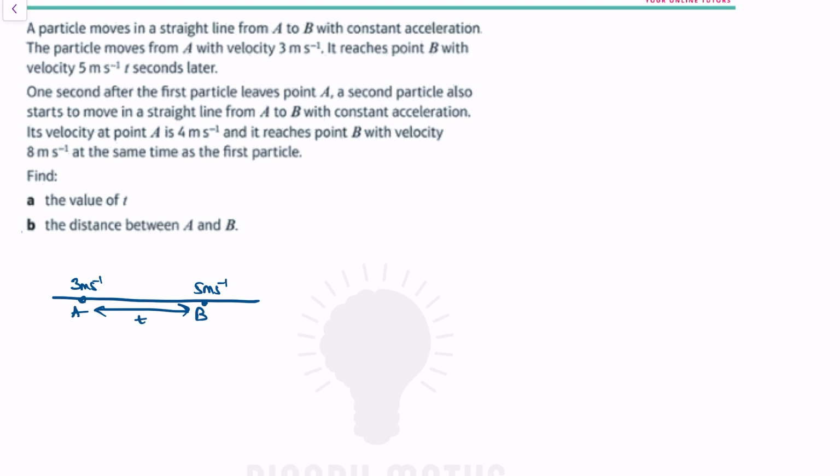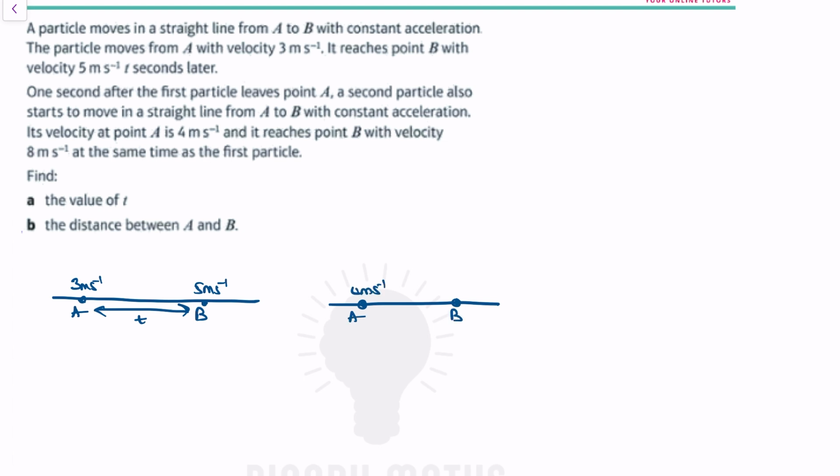One second after the first particle leaves point A, a second particle starts to move in a straight line from A to B with constant acceleration. Its velocity at point A is 4 meters per second.